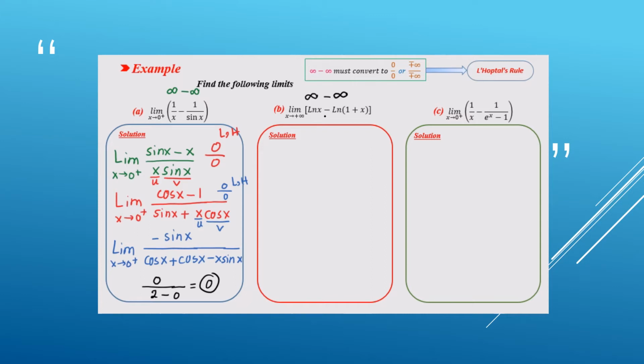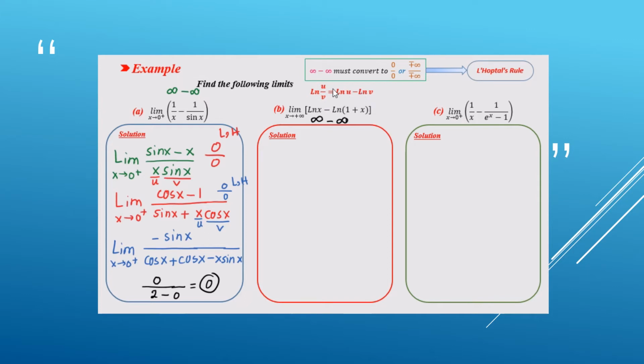To make this, you have to use one of the most important properties of the function ln of x. As you know, ln of u over v equals ln u minus ln v.